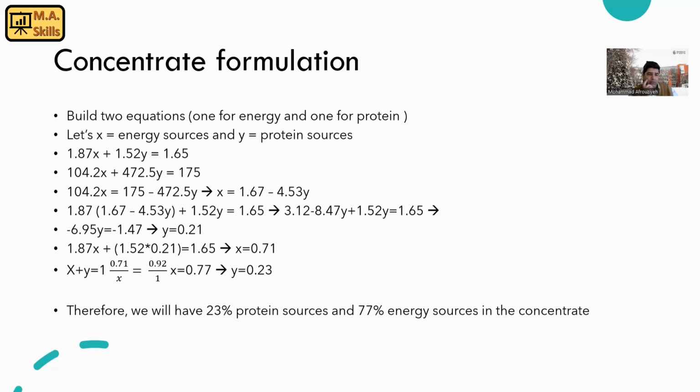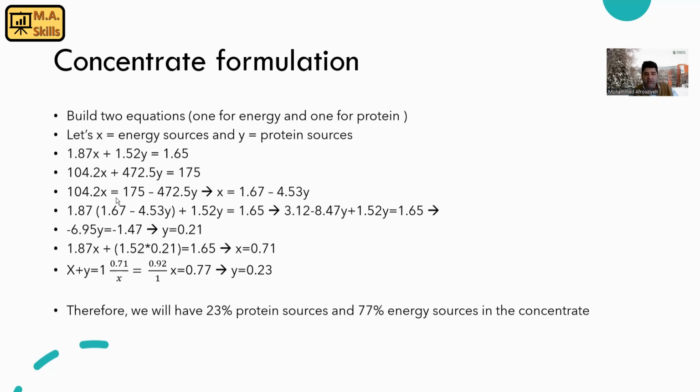So now you're going to solve these equations, and it's simple. You can use any method that you like, but here is the method that I have used. Usually I start with the second equation.